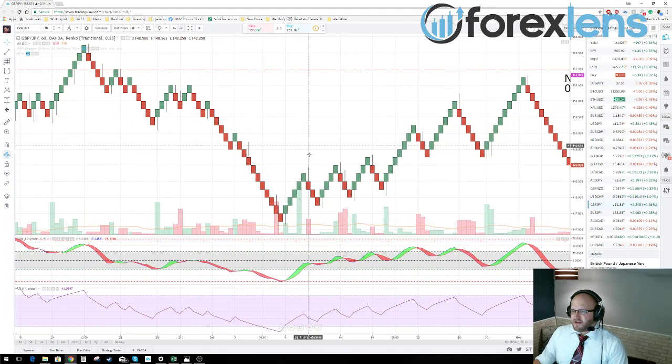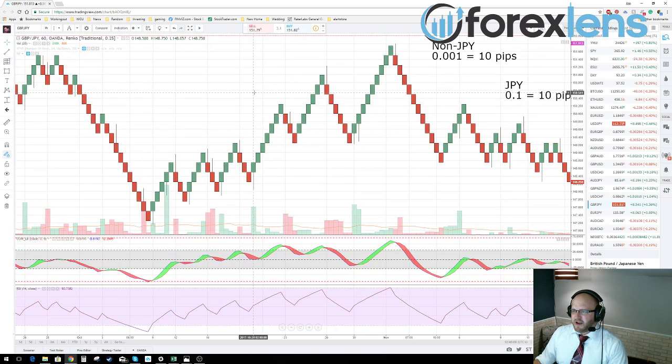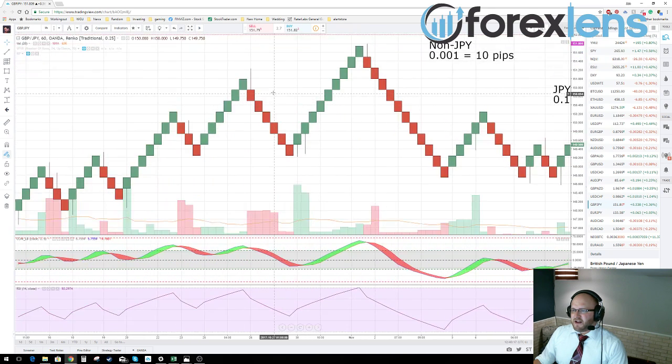is wicks. Wicks are powerful indicators that price has the highest probability of reversing, especially if it's a reverse brick. We have 25, 50, 75, 100, 125, 150 pips up here. Now, you have to think about how these bricks form.